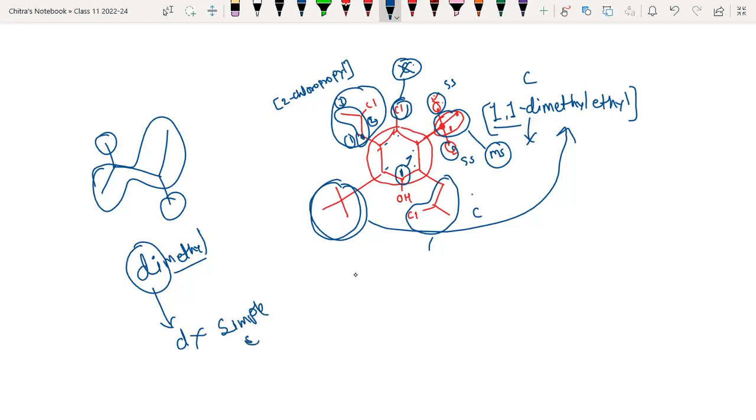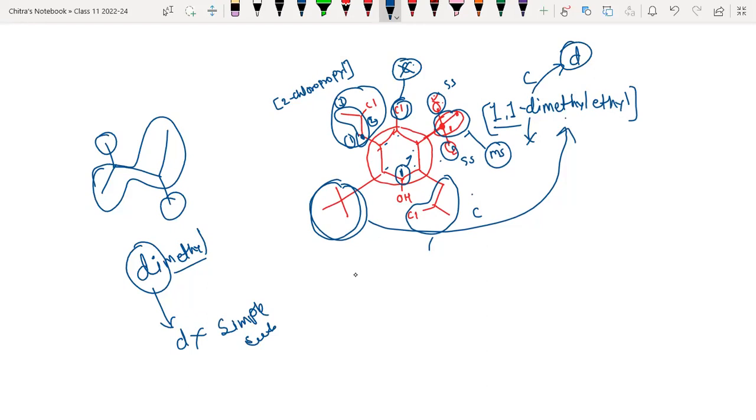But in complex substitution, if D is here, we have to consider D as part of the name of the substitution. So D is a part of the name in complex substitution, but not in simple substitution.